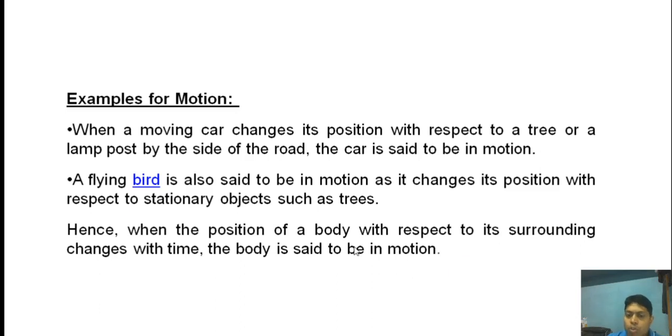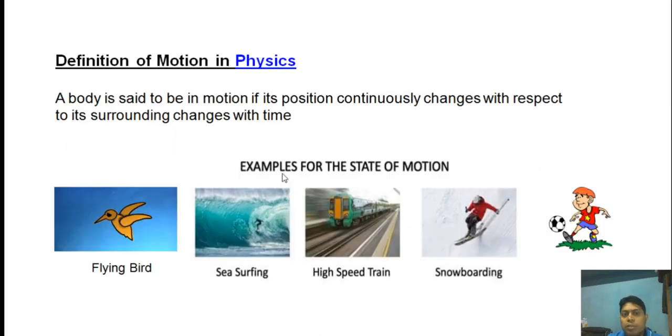The body is said to be in motion when it changes its position with respect to its surrounding with time. So this is the definition of motion.